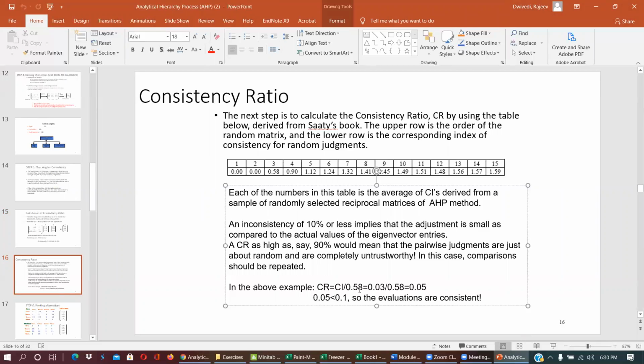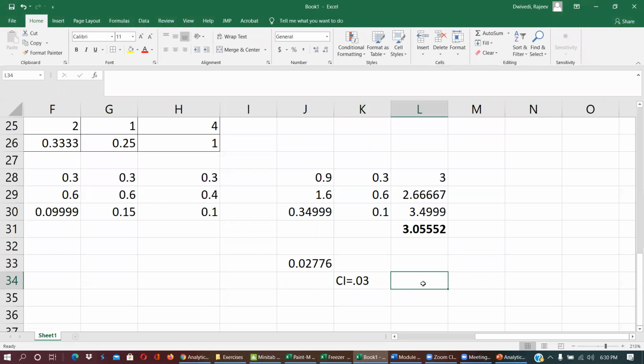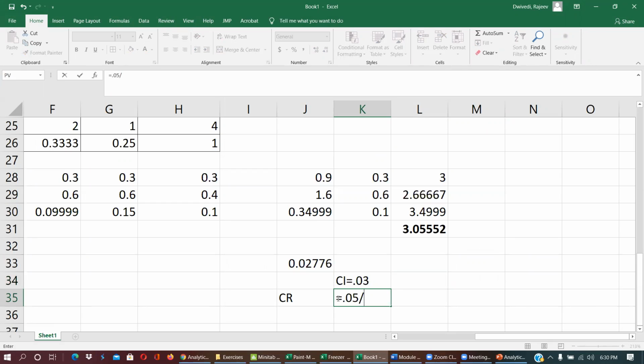So the consistency ratio equals 0.03 divided by 0.58.